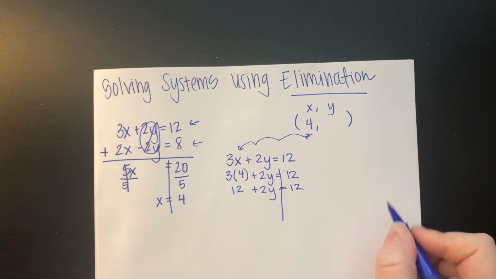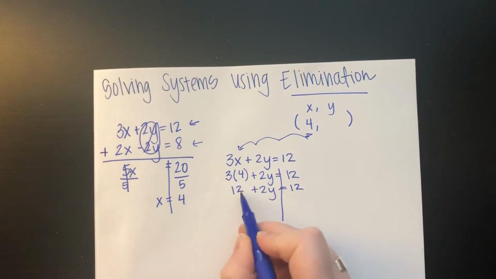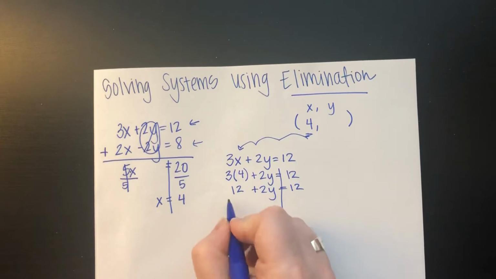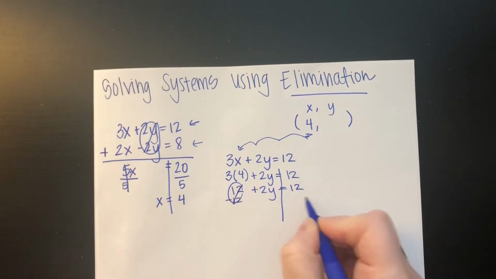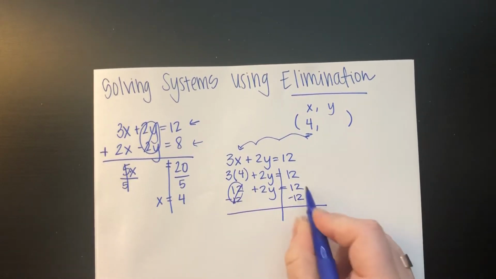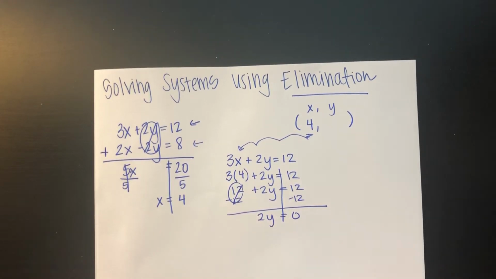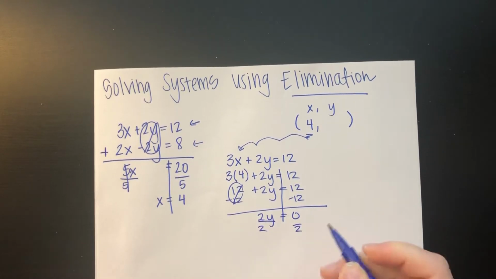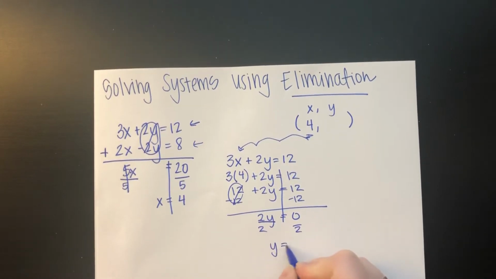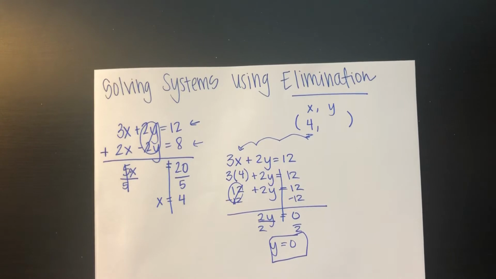Okay, so the very first thing I'm going to do here is get rid of this 12. So minus 12, minus 12. Oh, well, 12 minus 12 is actually 0. So we have 2y equals 0, so I'm going to divide by 2. 0 divided by 2 is just 0, so our y is actually just 0.